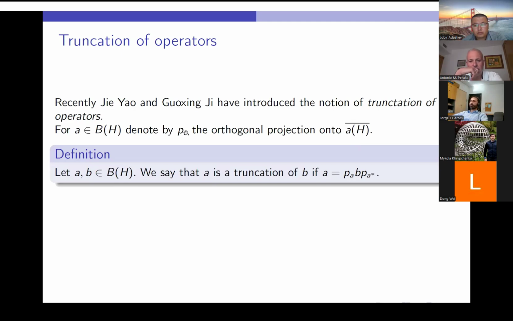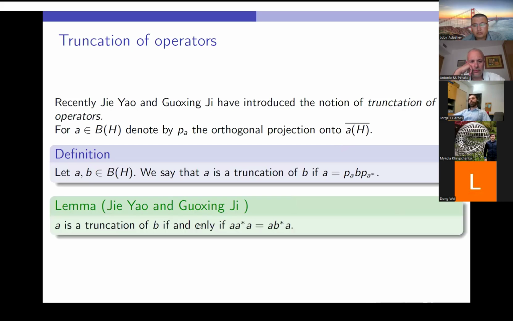Here you have this projection, and this, of course, is the same projection but onto the closure of A star H. Okay, so that's the definition of being a truncation, and they characterize this notion by proving that A is a truncation of B if and only if A star equals A B star B.